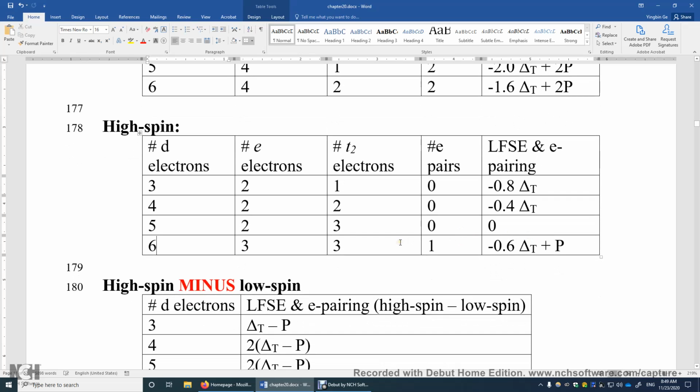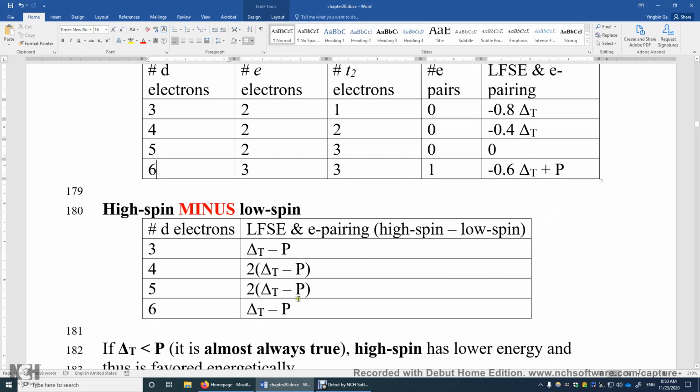All right? And then again, we use high spin minus low spin. So we got something like this. It's going to be delta T minus P, and then 2 times delta T minus P, 2 times delta T minus P, delta T minus P. So if you look at these 4 expressions, they are just similar to the high spin minus low spin for the octahedral complexes.